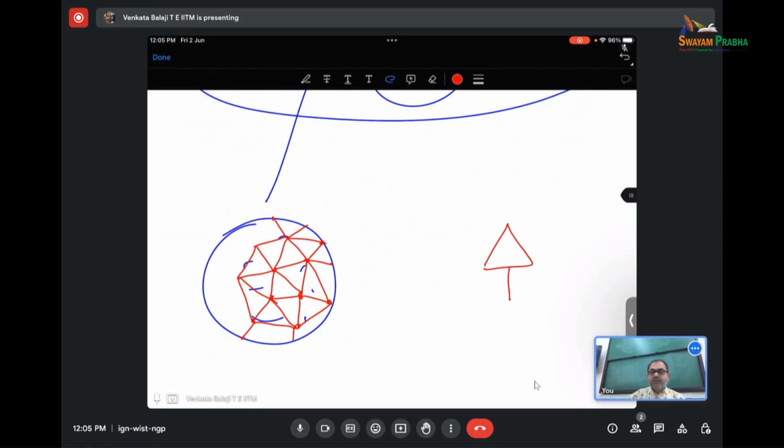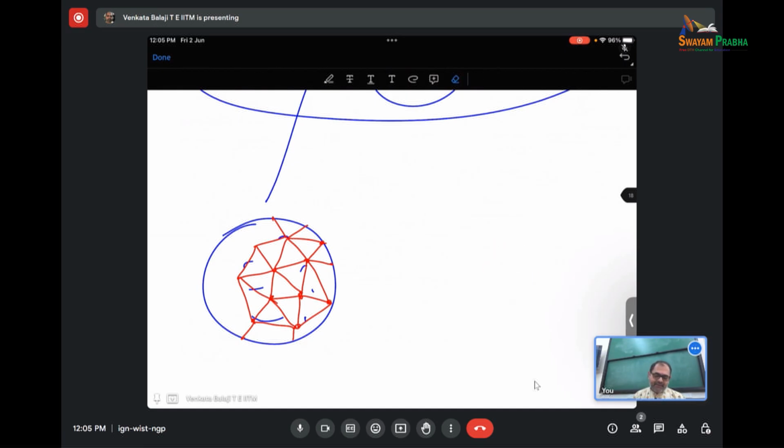This is the rule, and you cannot have, for example, something like this. This is not allowed. For example, this is one of the vertices of the sides. That vertex cannot lie in the middle of some other side, that's not allowed. But of course, this is allowed, this is fine. But if I remove that, this is not allowed. So this is what is called a triangulation. That's what I mean by netting it.